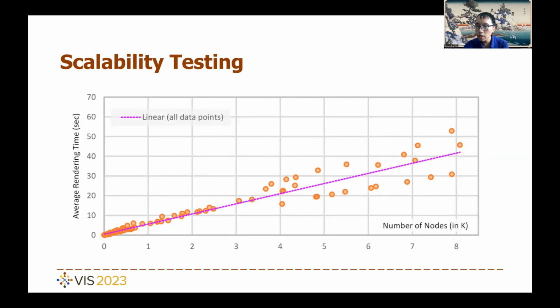It suggests that the runtime complexity of the algorithm is O(n), where n is the total number of the nodes. In other words, the result of the scalability test is evidence that the RIT algorithm is linearly scalable with respect to the total number of the nodes in a tree. More details about the scalability testing can be found in the appendix.